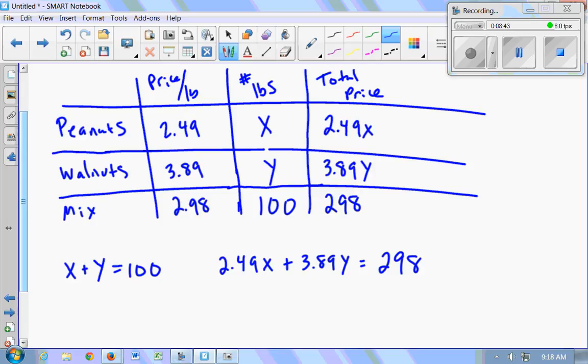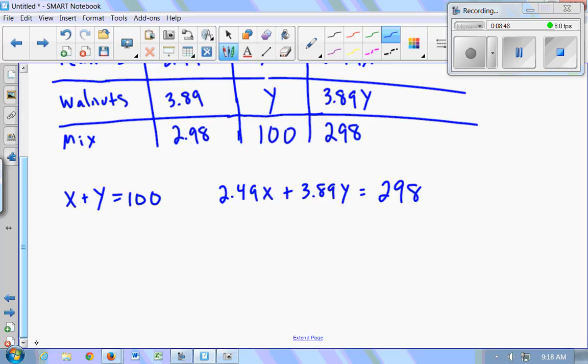So now I have 2 equations and 2 unknowns, and you can solve that either by substitution or elimination. I would use substitution because this first equation is easy to solve for Y or X. So Y is 100 minus X. You could do it the other way, yep, X equals 100 minus Y. That should give you the same answer.